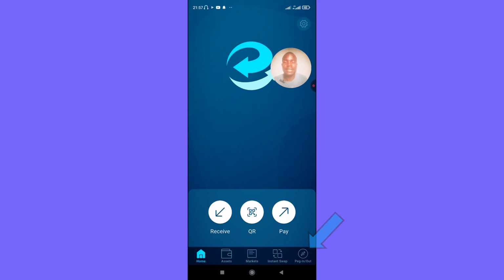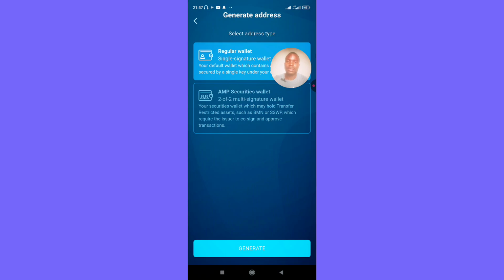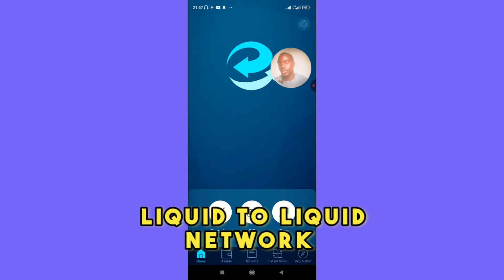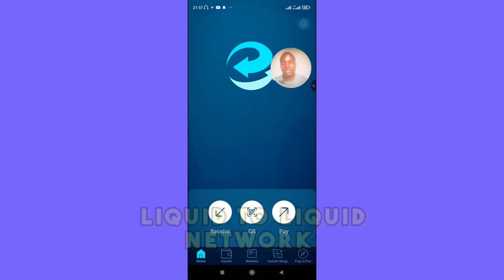In case I had L-BTC, I can directly send that one using the receive button here, because I'm interacting with liquid to liquid. So when you use the receive button, you are doing a liquid to liquid transaction.